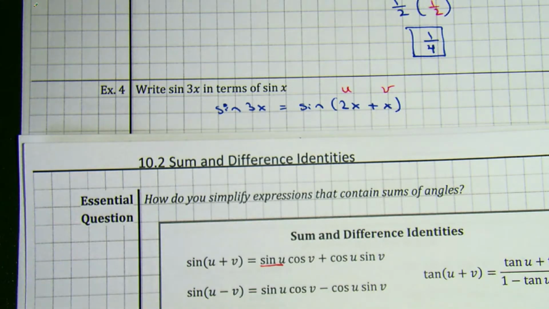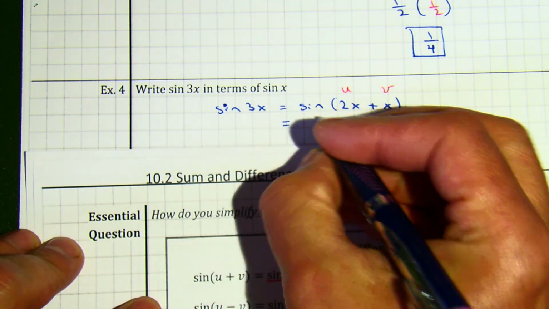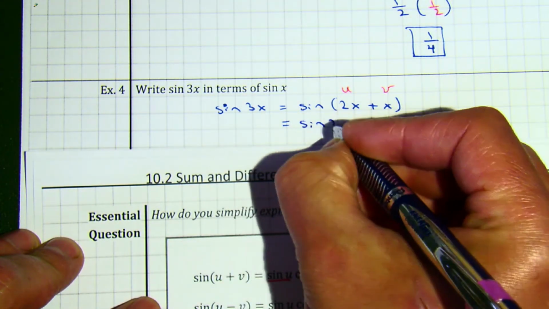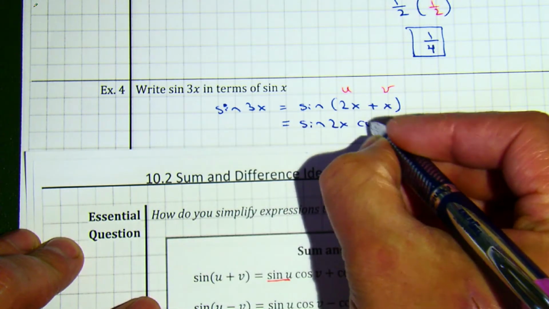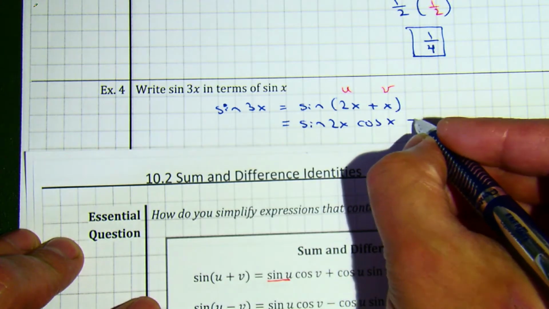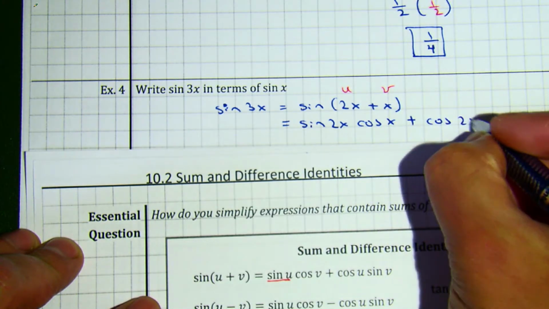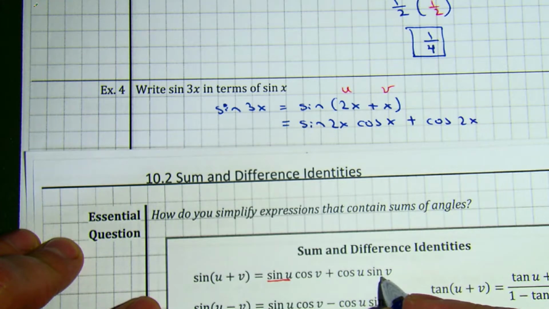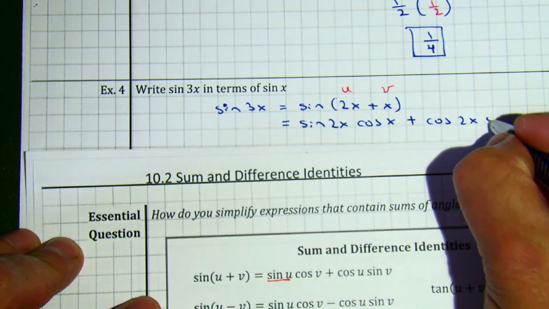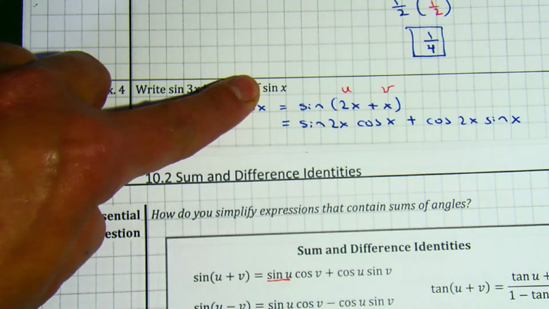Got it? So therefore, that will give me sine of 2x cosine of x. That's a positive, so therefore this will be a positive. There will be cosine of 2x and sine of x. Now they only want us to be able to end up with sine of x.